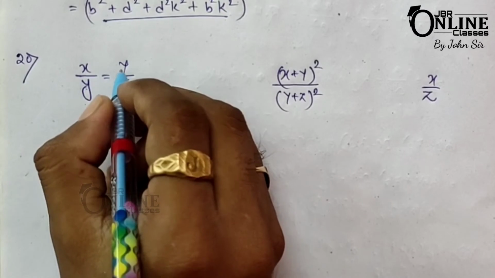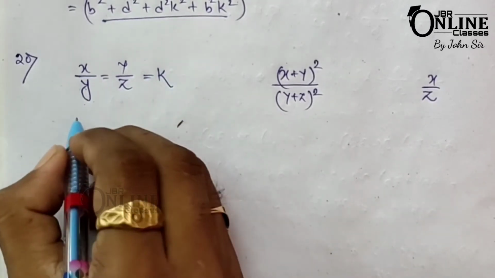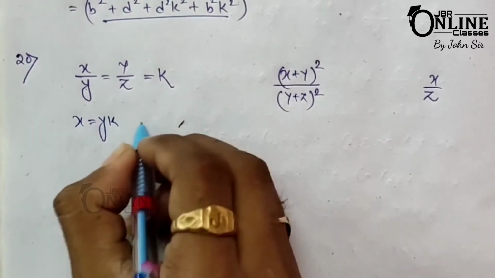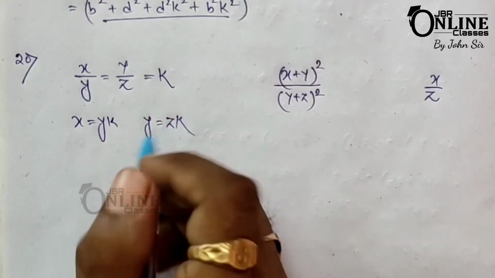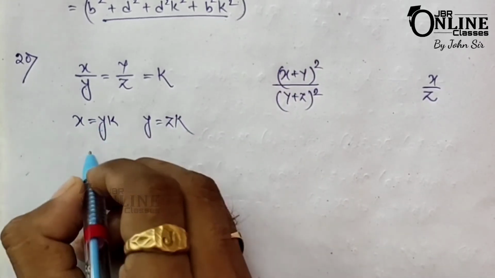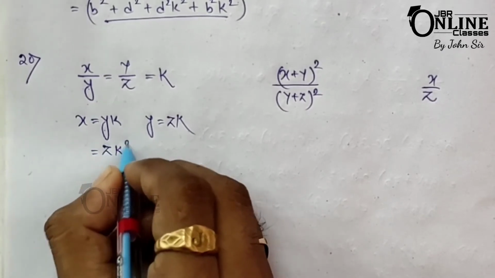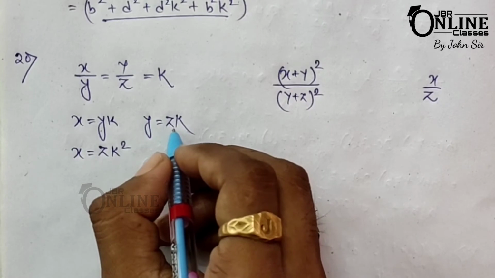Now let the ratio be k, so x equals yk, and then y equals zk. So if y equals zk, then you can put down the value of y here also, so that will be zk square. So finally x equals zk square and y equals zk.